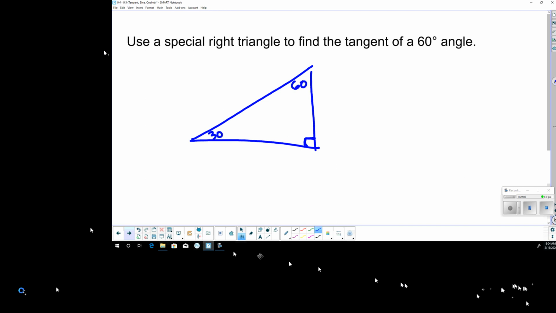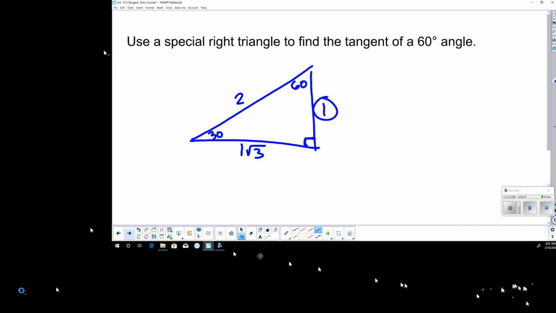So we're just going to pick one. I'm going to say that this side, the short side, is 1, but you could call it 2 or 3 or whatever you want. Remember, if I know the short side, the hypotenuse is always double that. So the hypotenuse would be 2. And then the long leg is you take this side and times it by the square root of 3. So it'd be 1 times the square root of 3, which is really just the square root of 3.